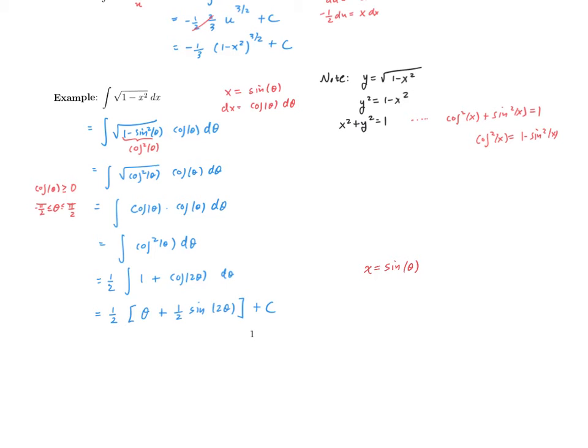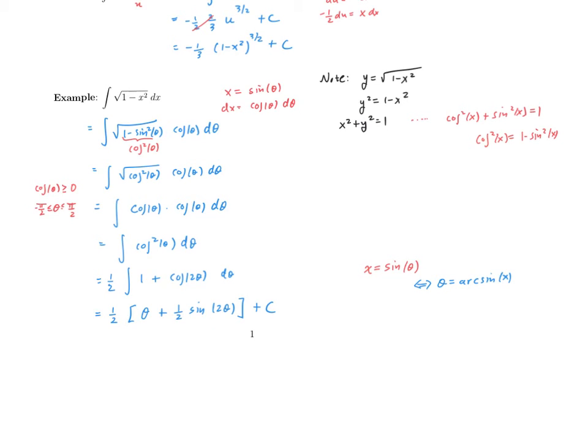In order to rewrite theta in terms of x, we could express that as being arc sine of x. So we can take care of the theta without an issue. But in terms of rewriting sine of 2 theta, we're going to need a bit more.